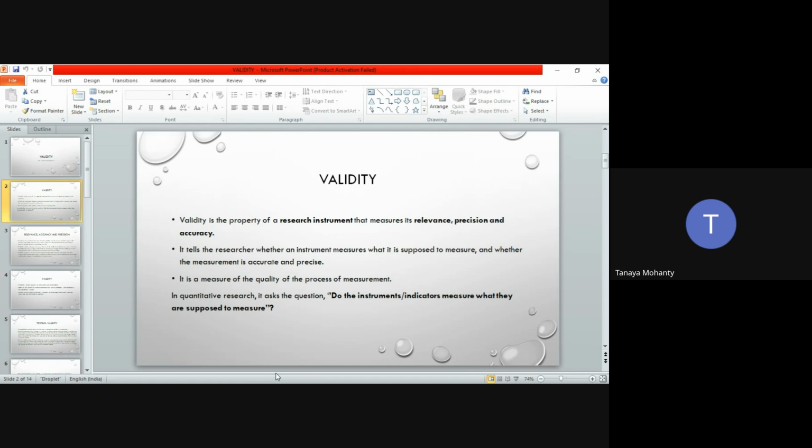It is a measure of the quality of the process of measurement. In quantitative research, it asks the question, do the instruments or indicators measure what they are supposed to measure? As I told you, I'm supposed to measure temperature with a thermometer. But am I using a barometer or some other equipment to measure temperature?